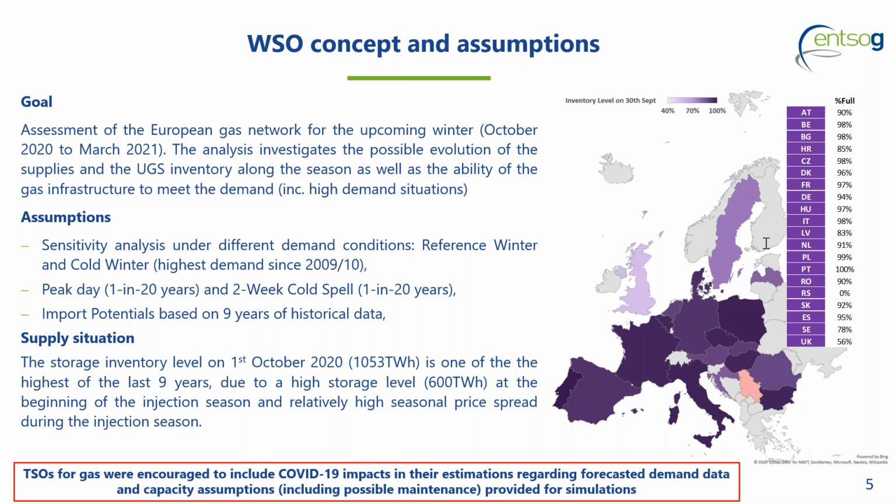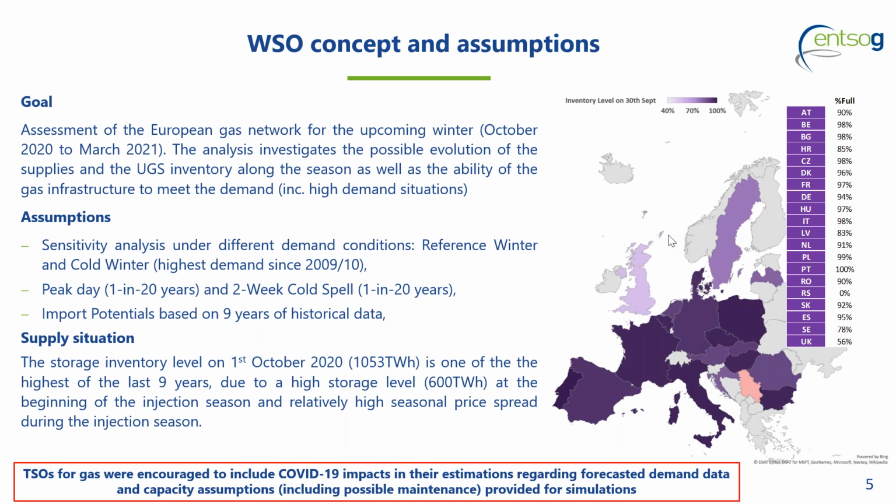We are taking data collected from TSOs for the upcoming winter, so we are asking for this data. We are as well running those simulations using the highest demand since 2009.